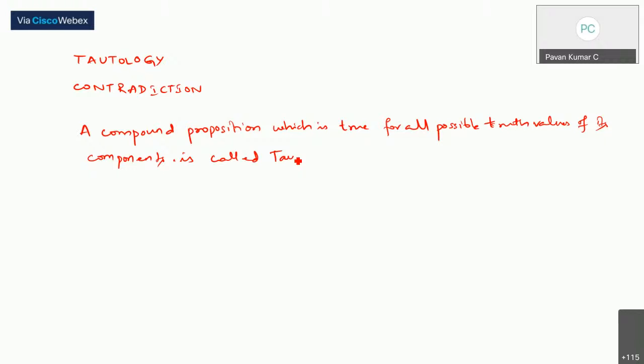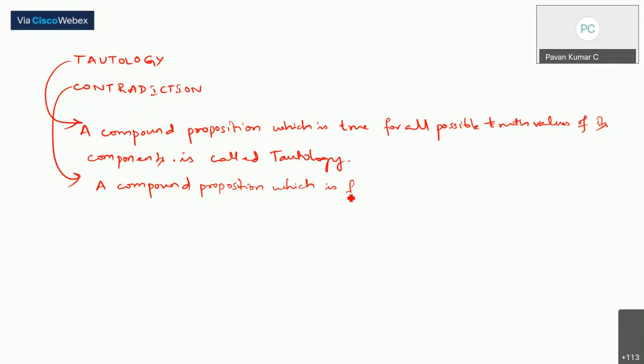I will give an example and explain what a tautology is. Similarly, a contradiction is a compound proposition which is false for all possible truth values.